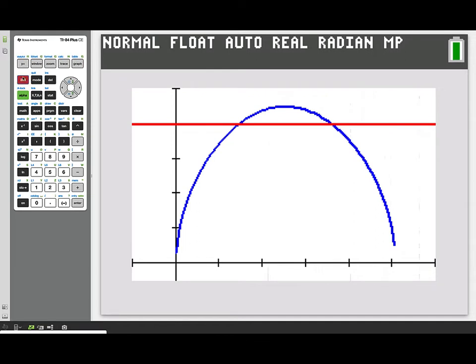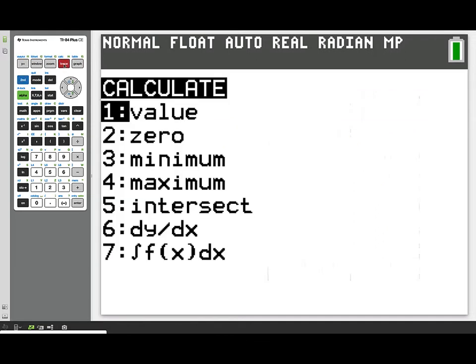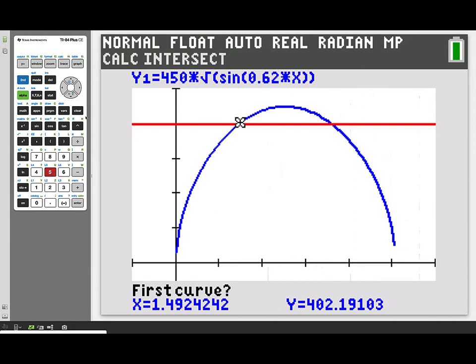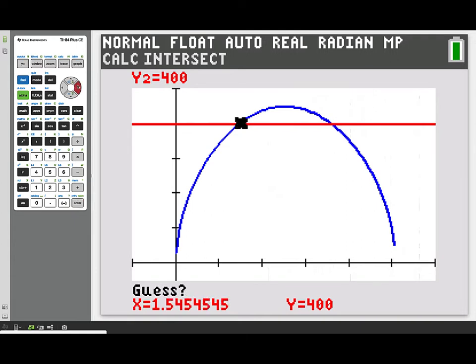So again, I'll pull up the intersection functionality, number 5 there under the calculate menu. We'll choose the blue curve as our first curve, y1. We'll choose the second curve, and then we'll move our cursor over near that second intersection point, and use that as our guess.